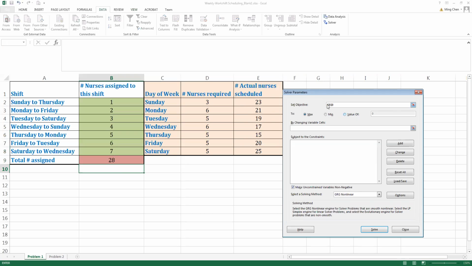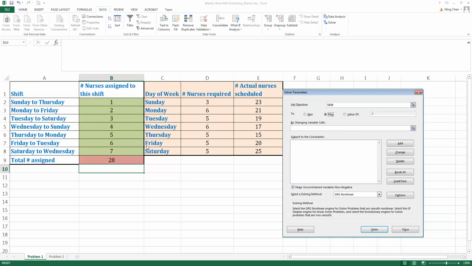We target this number. Do we want to maximize this number or minimize this number? Because we want to bring down the labor cost, we want to minimize the total number of people we hire. So minimize. The next one is by changing variable cells. What are the decision variables?